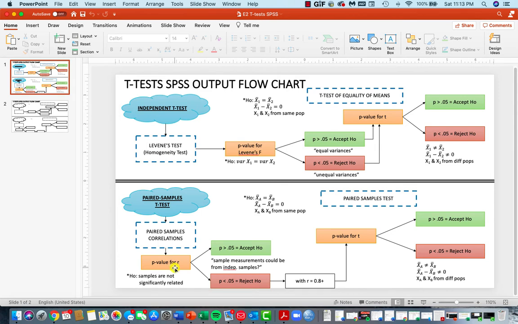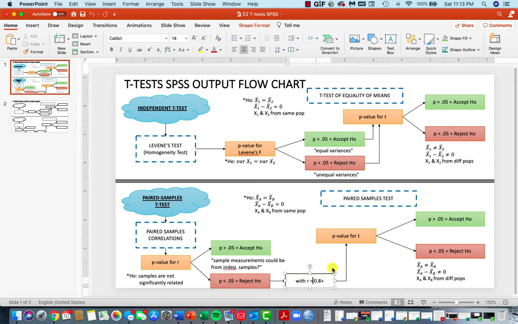But we generally want an R that is greater than or equal to 0.8, and it should be a positive 0.8. Anything 0.8 or higher would indicate we have a strong relationship, which is good, right?